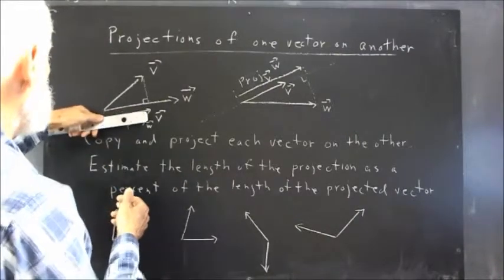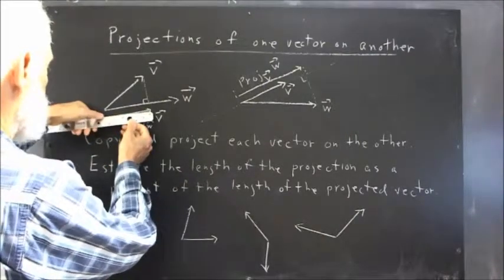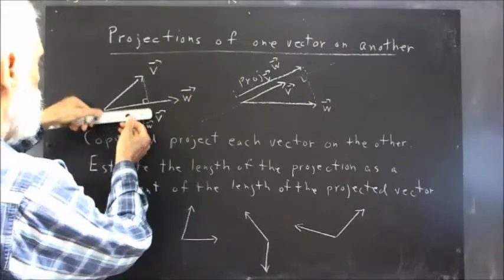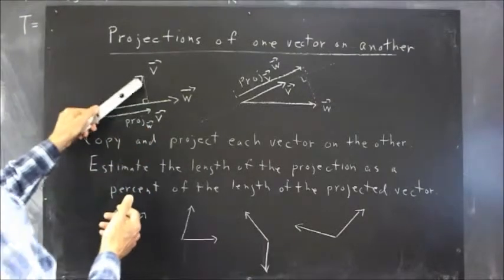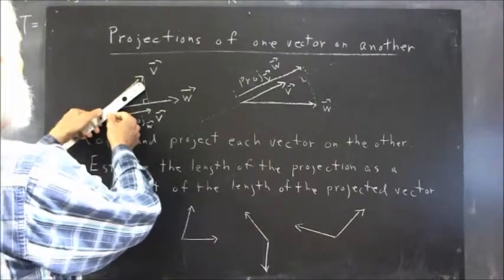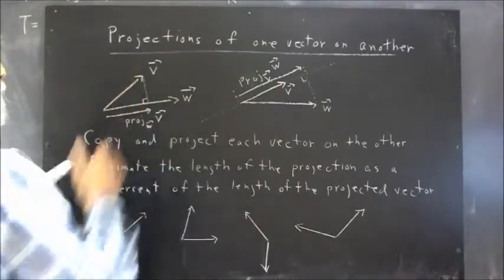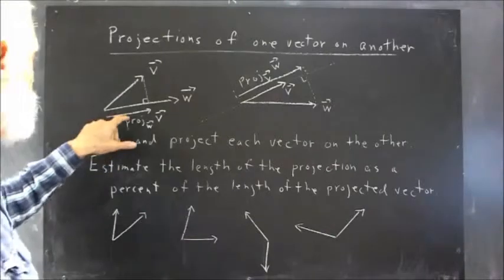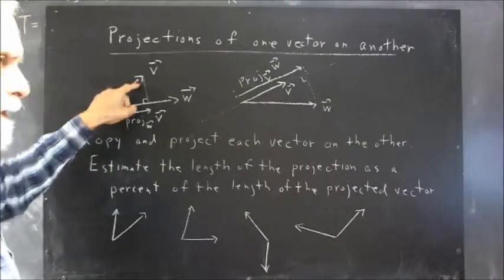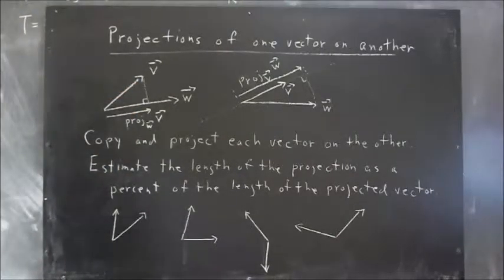Now let's see if I really did that. Of course, there's some imprecision in what I did here. There's an indication of the length of the v vector. If I bring it up here, it comes to about here. It looks like this vector is at least 90% of the length of this vector.